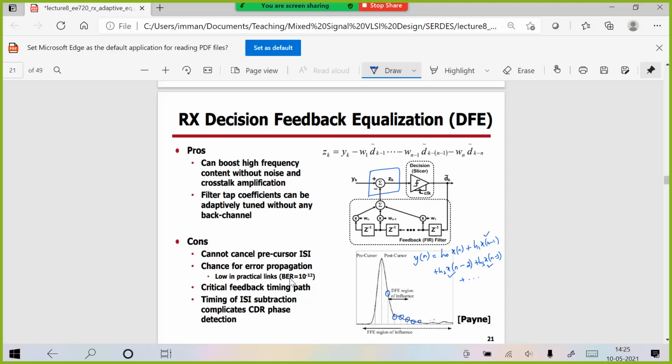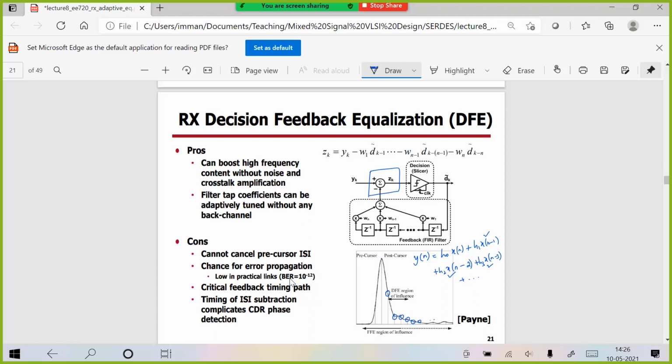That's what it does. And the other thing is, the filter tap coefficients can be adaptively tuned without any back channel. The other logical thing people did is, now I have certain tap coefficients, basically W1, W2, W3 all the way up to Wn.